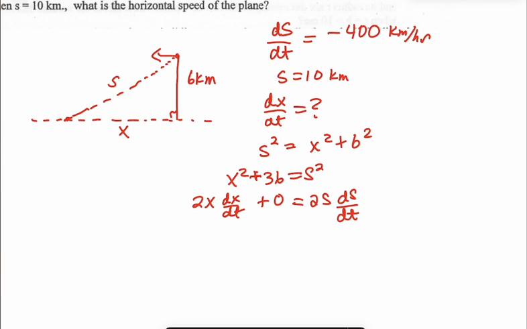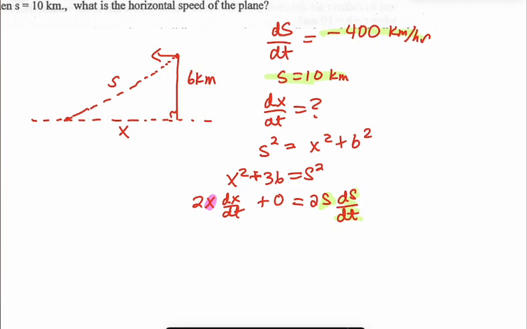Think about what we know. We know s is 10. We know ds/dt is negative 400. What do we not know yet? We don't know what x is. That's the only one that's missing.